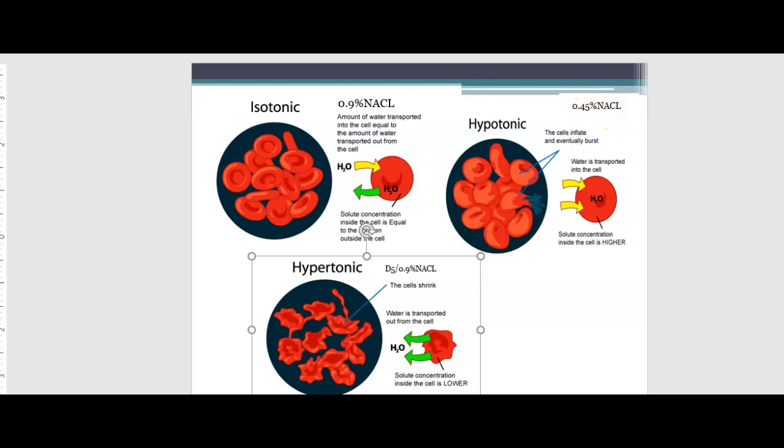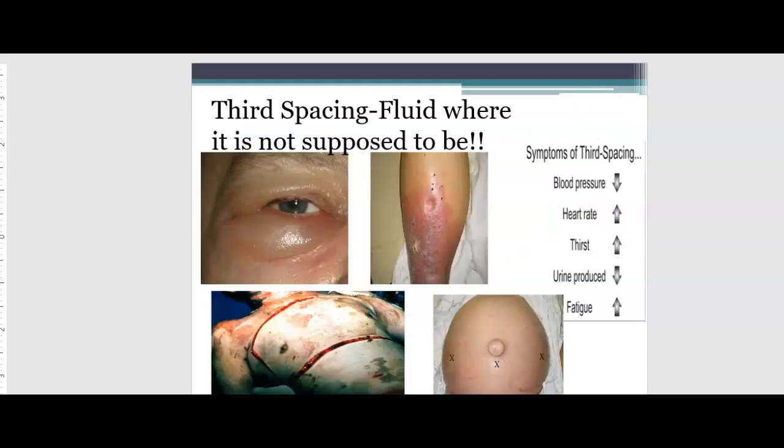Now look what happens when we have problems with transporting our fluids. Sometimes patients get third spacing, fluids where it is not supposed to be. Okay, so symptoms of third spacing, blood pressure is low because it's not in the cell, it's third spacing. Heart rate goes up high. Thirst, they're very thirsty.